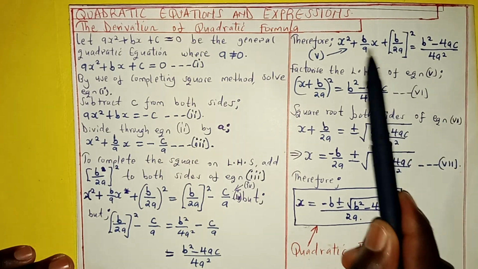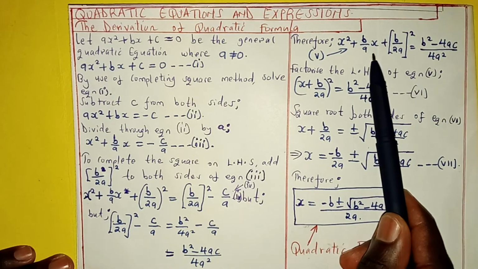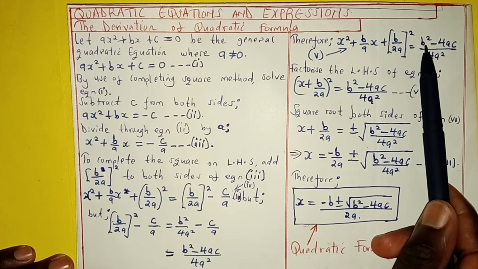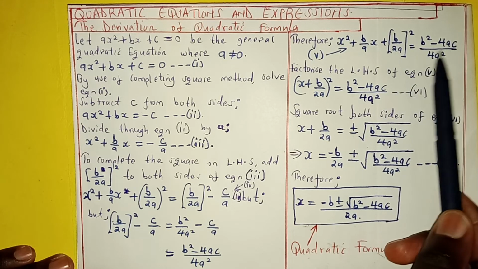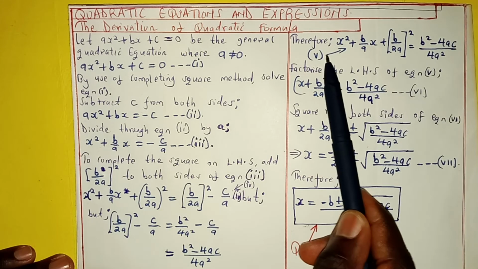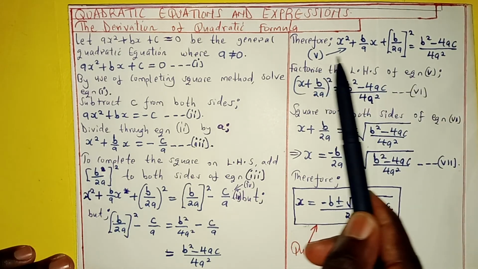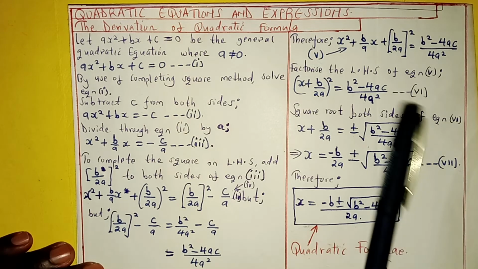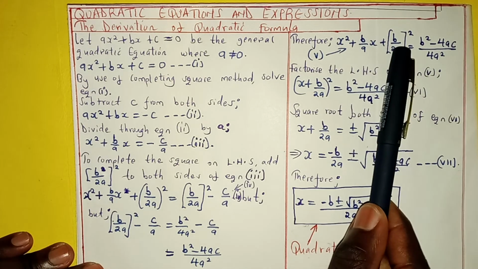We get x squared plus b over a x plus (b over 2a) squared equals (b squared minus 4ac) over 4a squared. Now this equation becomes equation number 5. Now, how are we going to solve equation number 5? To get equation number 6, we factorize the left hand side.